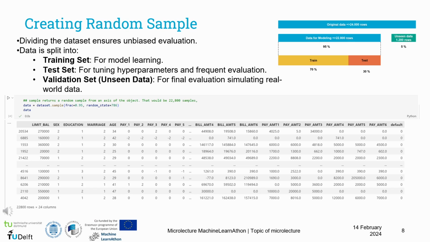The original dataset of approximately 24,000 rows is divided into 95% for modeling, 22,800 rows, further split into 70% training and 30% testing data, while 5%, 1,200 rows, is reserved as unseen validation data for final evaluation.